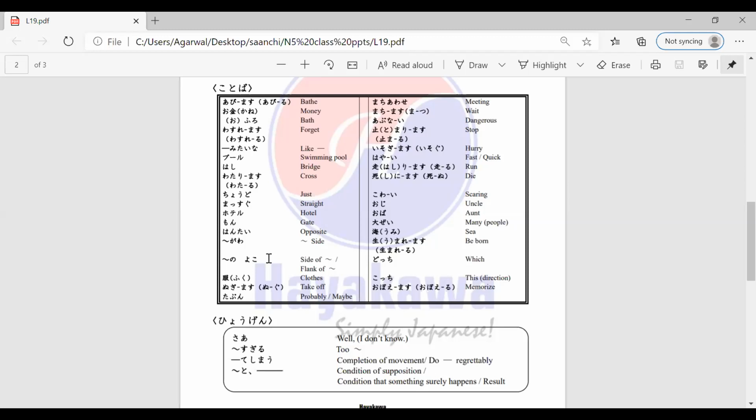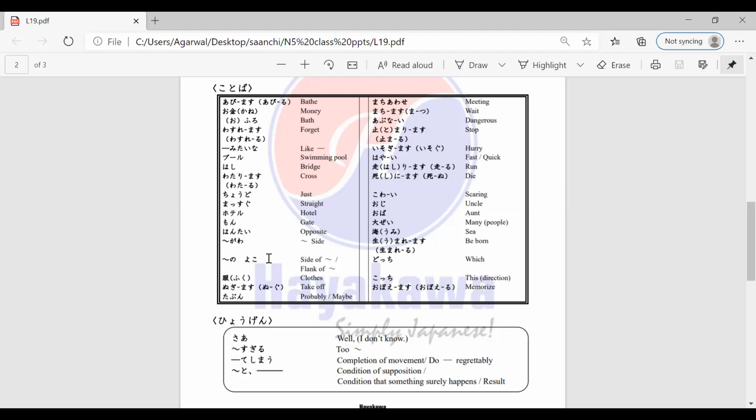The next word is abunai, which means dangerous. The next word is tomarimasu or tomaru, which means to stop. The next word is isogimasu or isogu, which means to hurry.